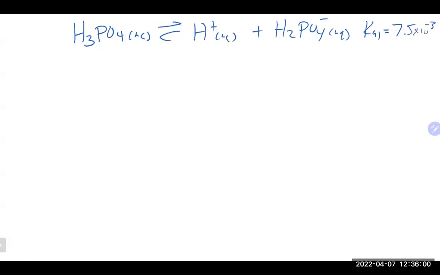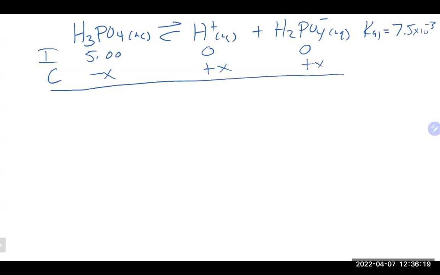All right, so we're going to do an ICE table, and originally, I think I wrote 5 molar on that, yeah? Okay, so we have an initial concentration of 5. Everything else here is going to be zeros. For our change, like normal, it will be minus x, plus x, plus x. That means at equilibrium, we have 5 minus x, x and x.